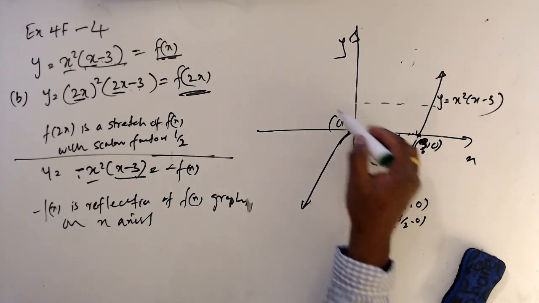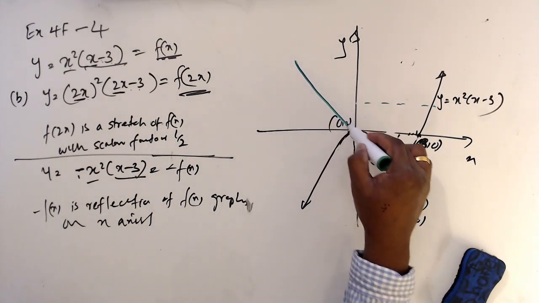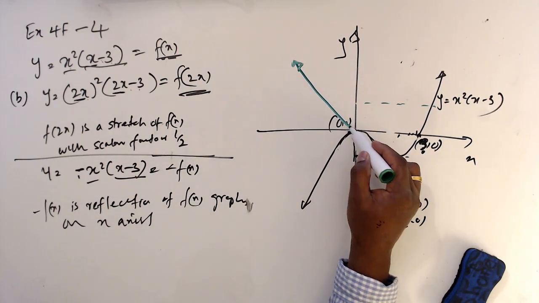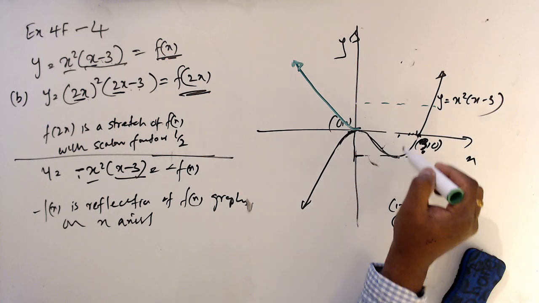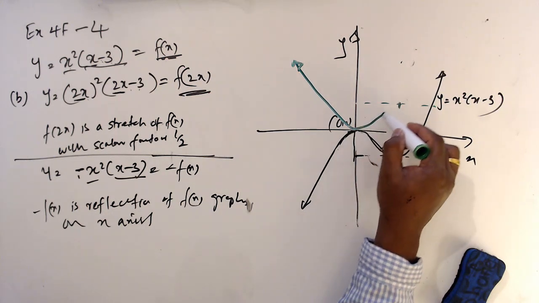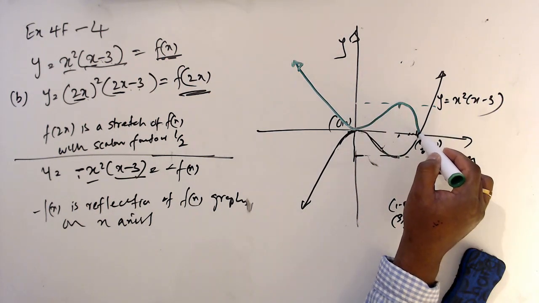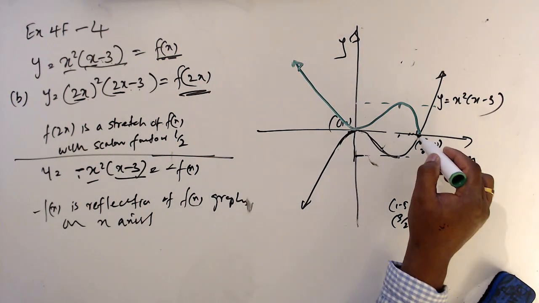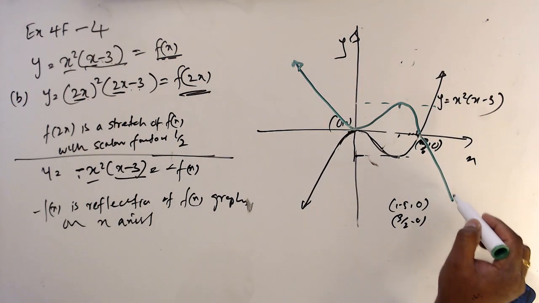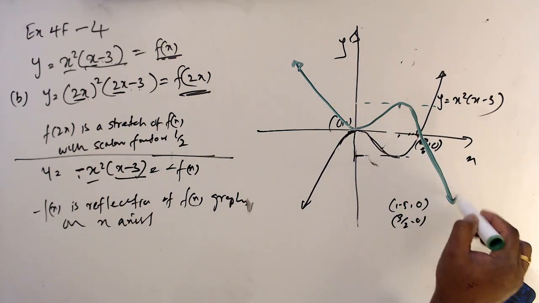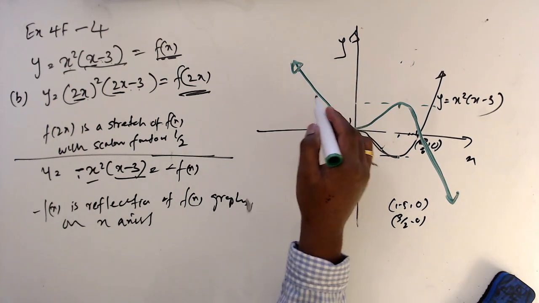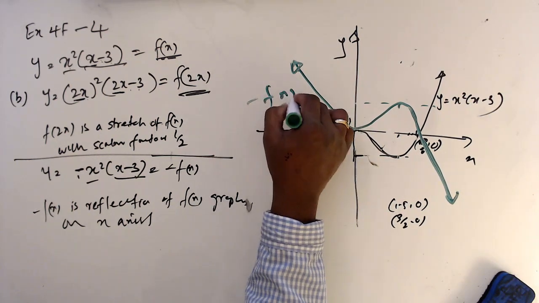This part is going to be like this, and it's going to be like this, and this part is going to be like this. So this is the reflection. This is minus f(x).